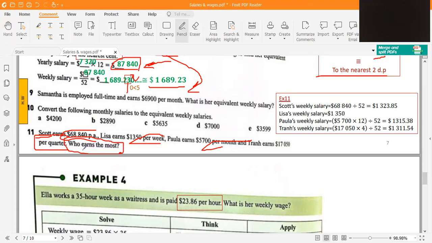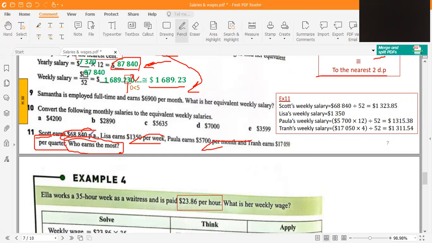To compare these salaries, we should calculate them in the same unit. For example, we compare weekly. We convert each salary to a weekly salary.